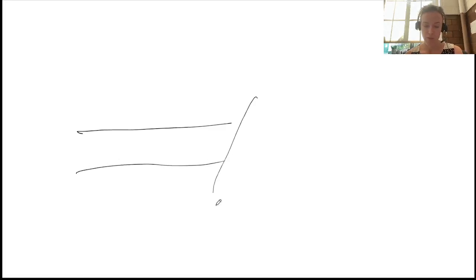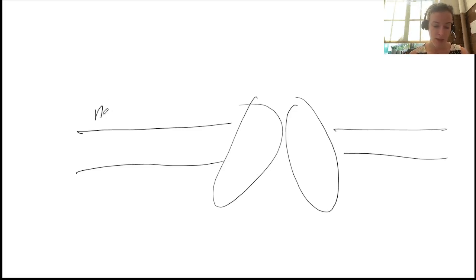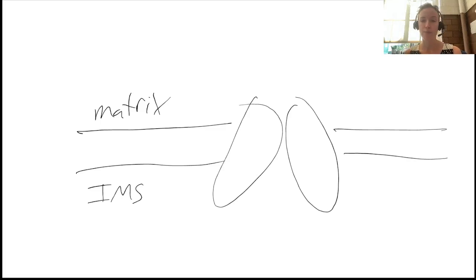Okay, folks. Let's draw our protein again. We got the matrix. We got the inner membrane space. Okay, so remember, we need to get ATP out, ADP in. So let's just draw that.